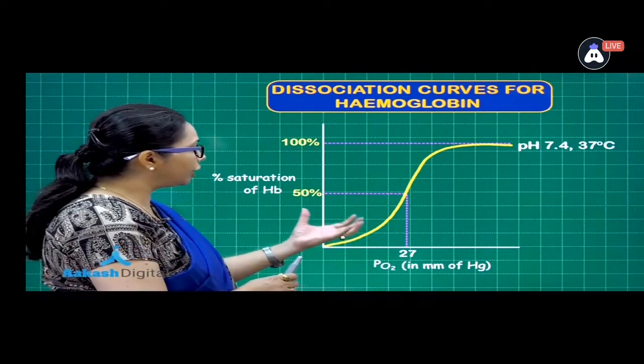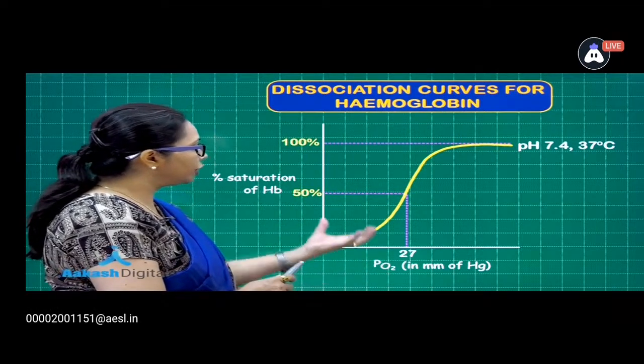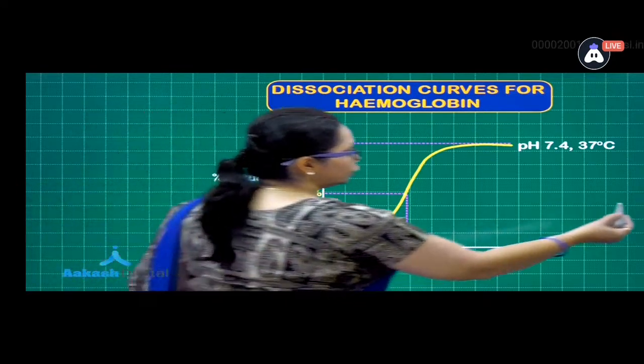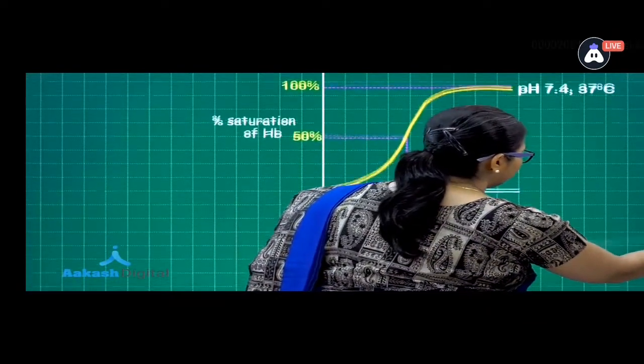So P50 value is that partial pressure at which our respiratory pigment is 50% saturated. So we can just define P50 over here.